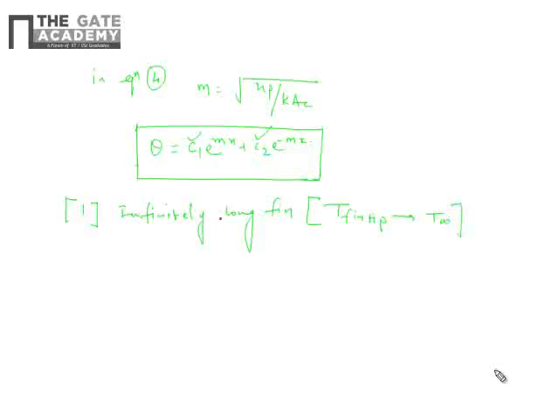So the two boundary conditions are at x equal to 0, that is at the base, theta is equal to theta b, and as x tends to infinity, theta tends to 0. If we substitute these boundary conditions into this equation, we will get c1 equal to 0 and c2 equal to theta b, and hence the temperature distribution is theta b e to the power minus mx.